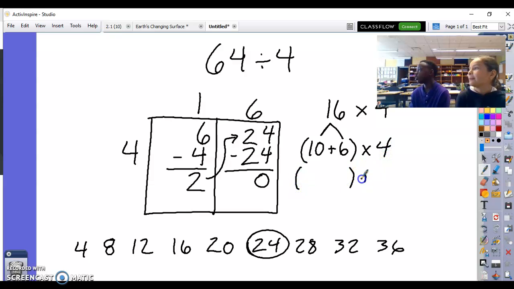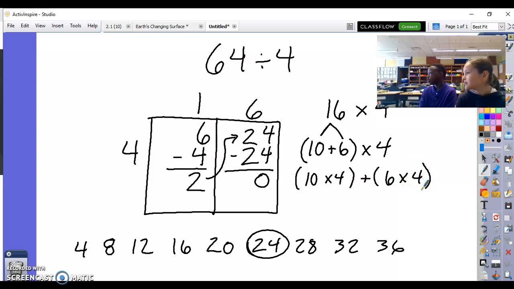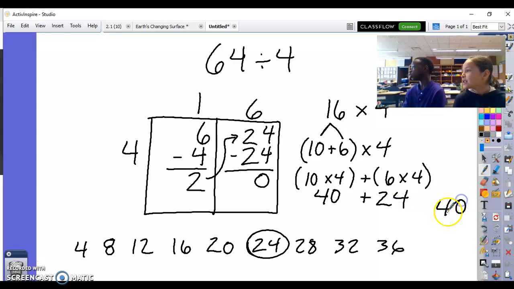Then you do 10 times 4 plus 6 times 4. 10 times 4 equals 40, and then 6 times 4 equals 24. Then you add 40 to 24 and see if it makes 64.